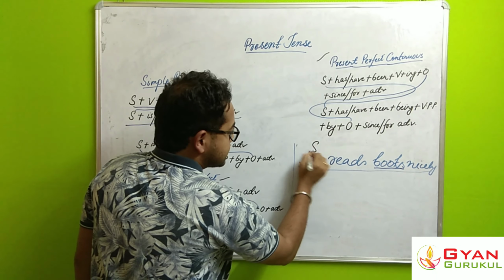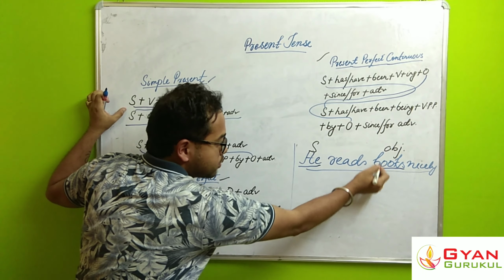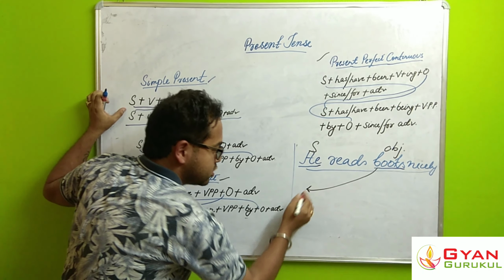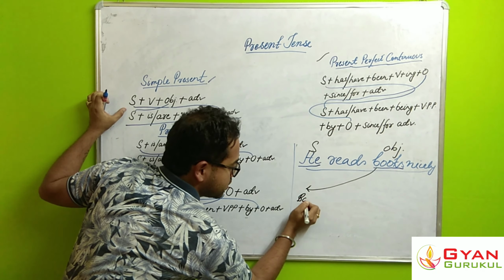Now this is the object, so books will come first, since object becomes subject in passive voice. So books. Next, we have is or are depending upon the object. Since we are using books, it will be are. Books are. Then you can see VPP.